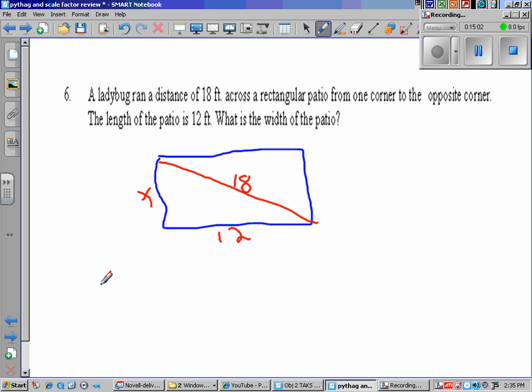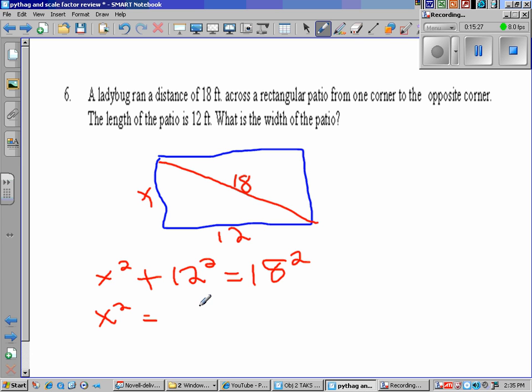So I've got x squared plus 12 squared equals 18 squared. Well, x squared equals, we'll just do equals because you're going to take 18 squared minus 12 squared.